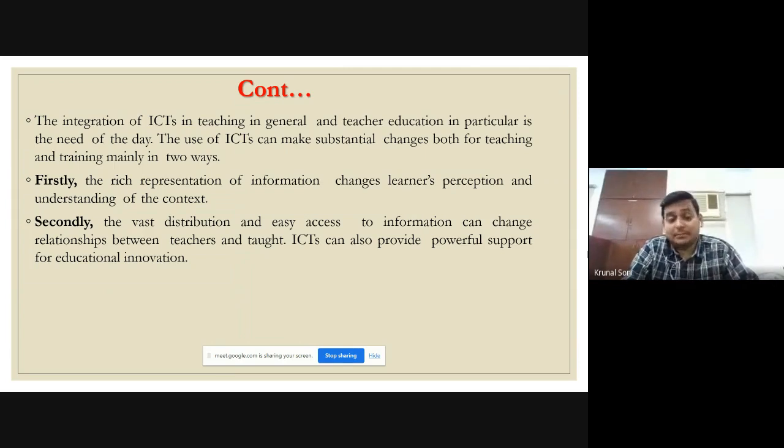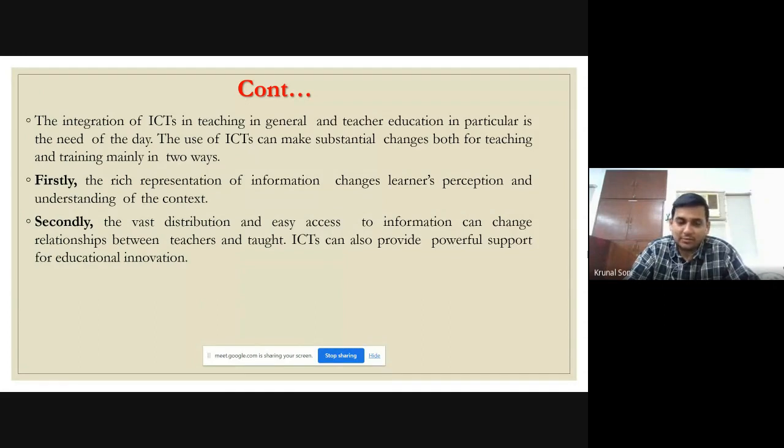So many times, see, we all know that everyone has their own knowledge and potential in the market. So before the use of ICT tools, sitting in Gujarat right now, I had never thought that I should meet a person who is sitting in Maharashtra, Rajasthan, or UP, right? But through the use of ICT tools, now forget about the other states of the country, any part of the world, I can connect with a person, right?